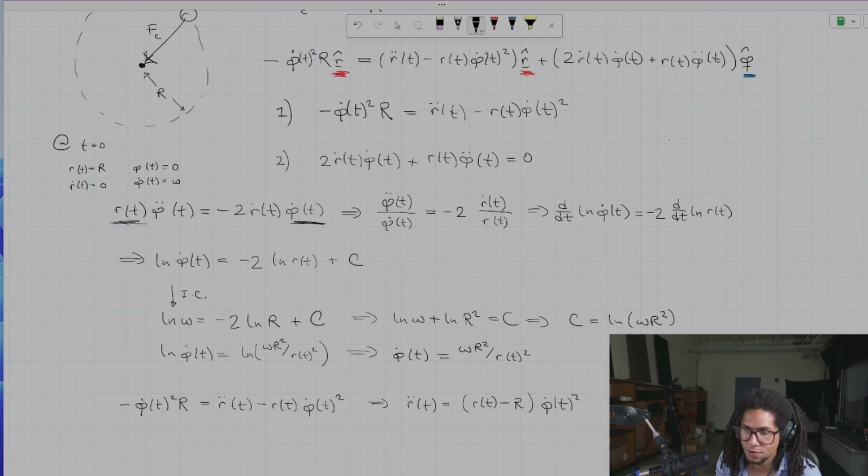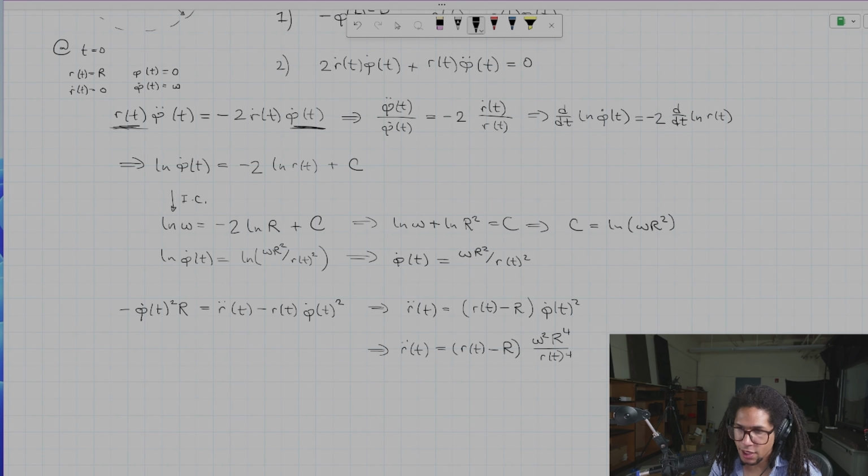Good. And I just solved for phi dot of t. So this is going to tell me that r double dot of t is equal to r of t minus capital R times omega squared R to the fourth over little r of t to the fourth as well.